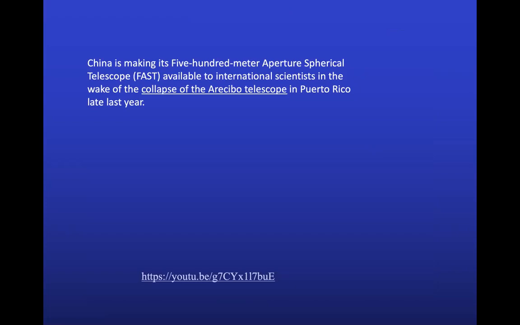When you have a telescope, you divide the time for who is going to use it at a particular time. China has decided to give 10% of their time to international astronomers, so that people who are used to the Arecibo telescope can now use this telescope in China.